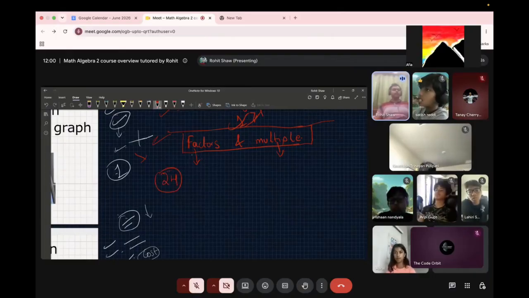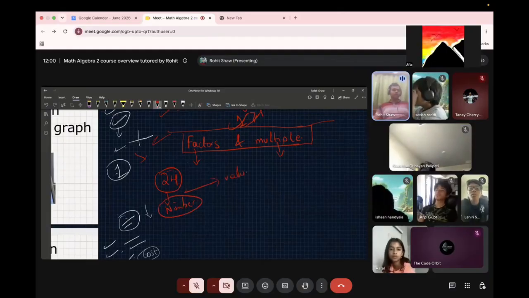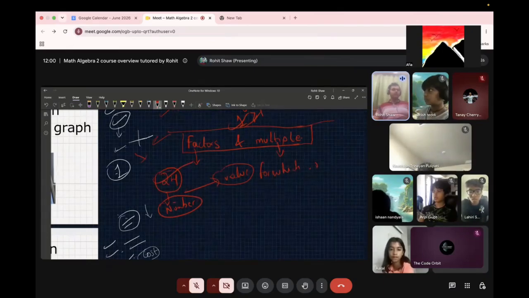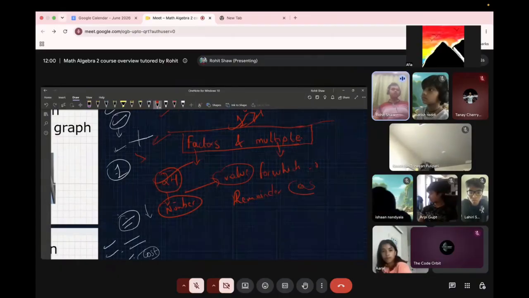So factors of a number are the values for which, when those factors divide the number, they leave behind remainder as 0. So these are factors.